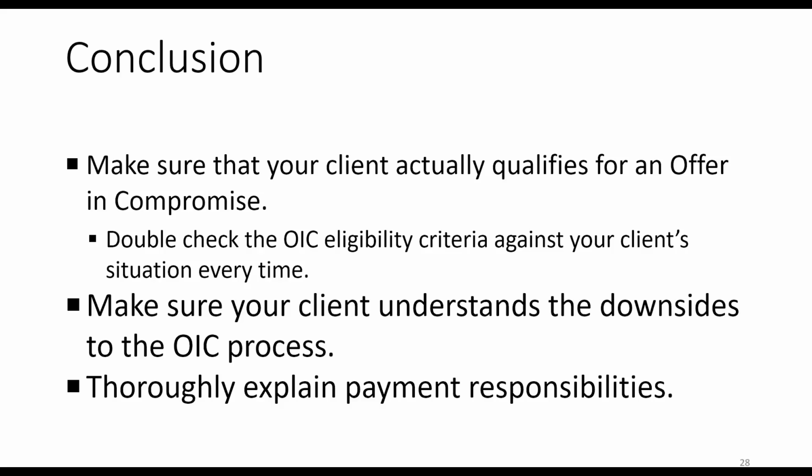Then thoroughly explain the payment responsibilities, and I would even go as far as having a little written agreement yourself that spells all of these things out and that they are attesting to, because they can't come back and point a finger if you've got a document that says, I'm explaining all of this to you, just like you need to have an engagement letter. Do that whole process and make sure you've gone through all of that.